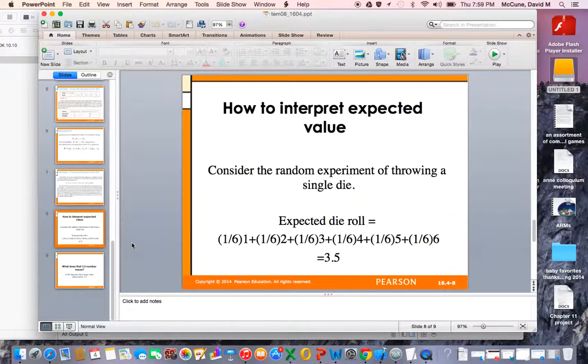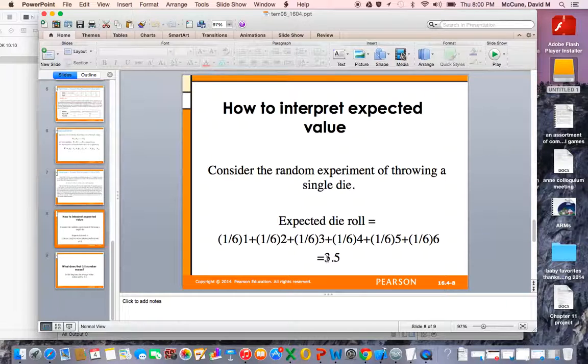And basically what that means is these 1s, 2s, and 3s are sort of balancing out with these 4s, 5s, and 6s. Right? So basically, if you roll a die 10,000 times, for every 6 you see, you'll also see a 1. For every 2 you'll also see a 5. For every 3 you see, you'll also see a 4. So all that balances out right at this tipping point of 3.5.